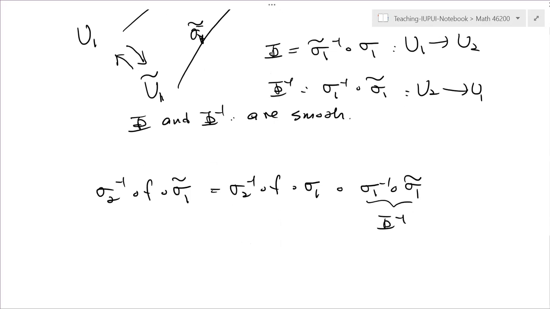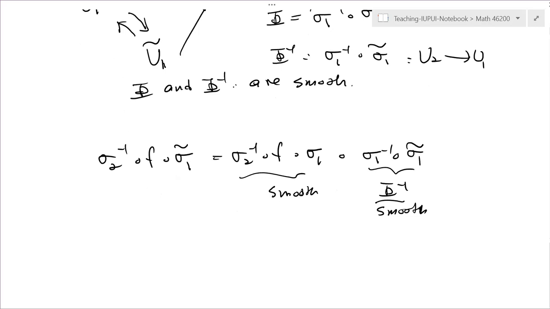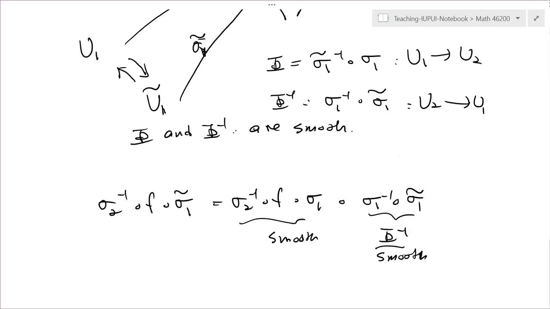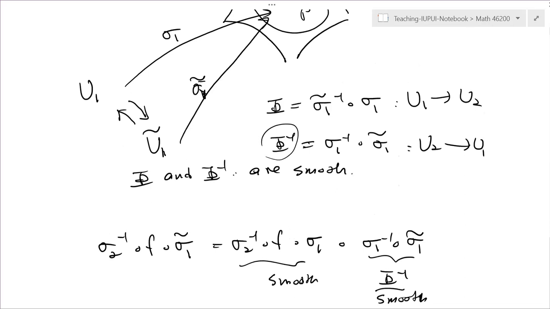We know that this is smooth, and this is also smooth, so the composite of these two maps will be smooth. That's why it's guaranteed. This map is a smooth map.